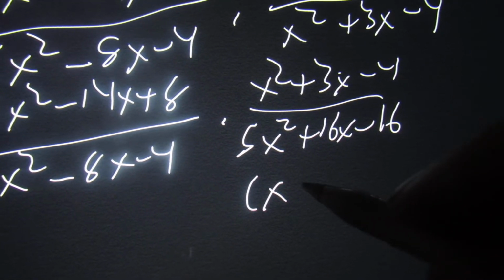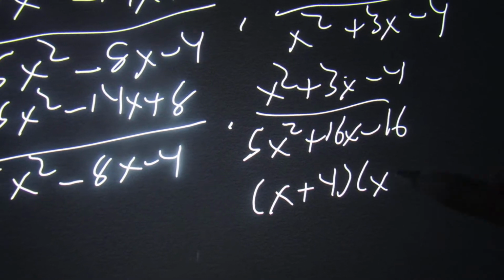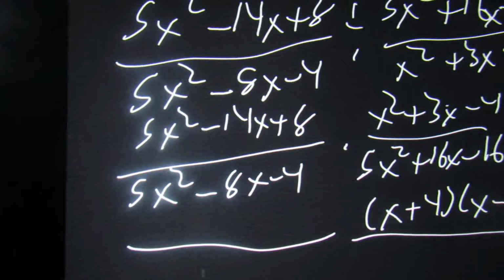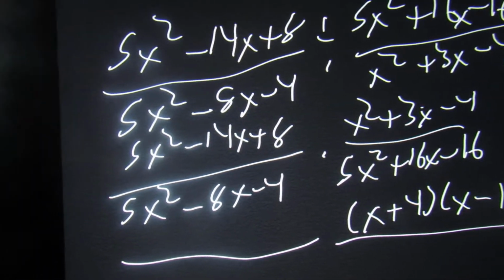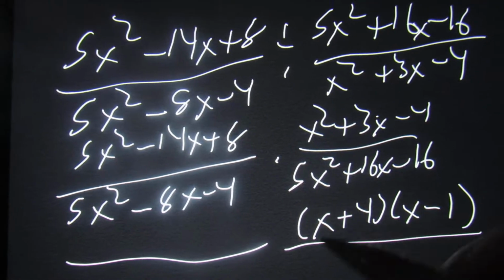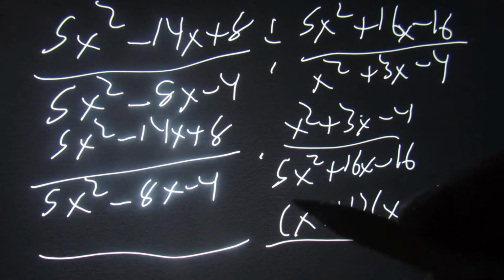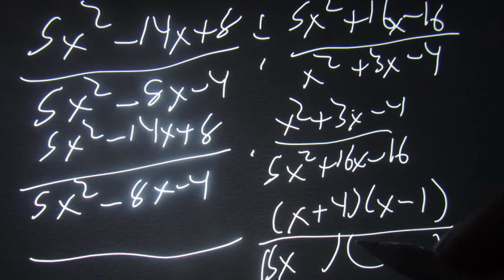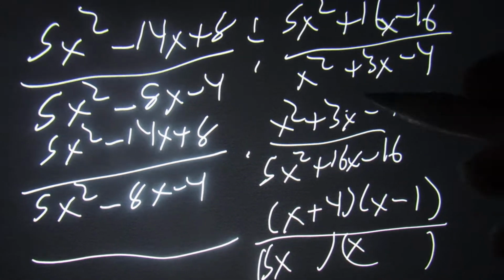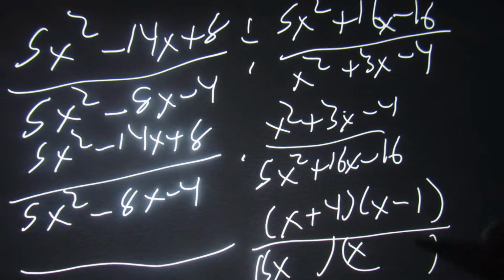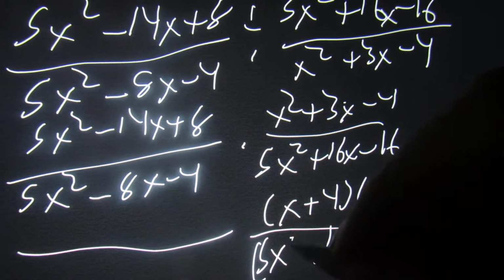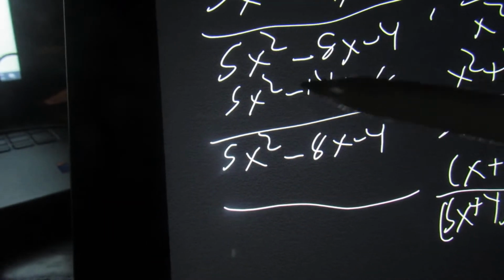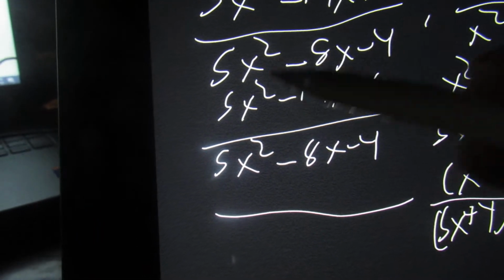I'm going to have an x plus 4 and an x minus 1. Then I'm going to factor the one right below. So I know I'm going to have a 5x and an x, and I'm going to have minus 4, plus 4. Then I'm going to factor this one.